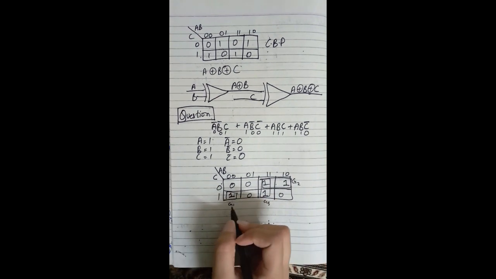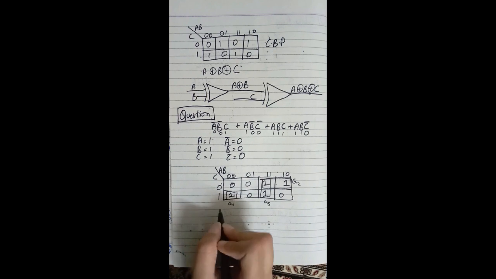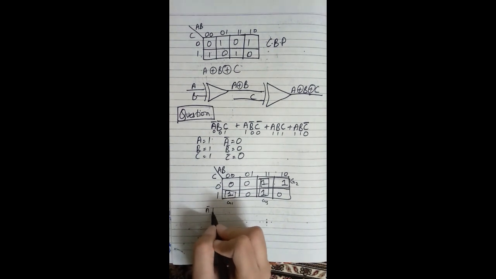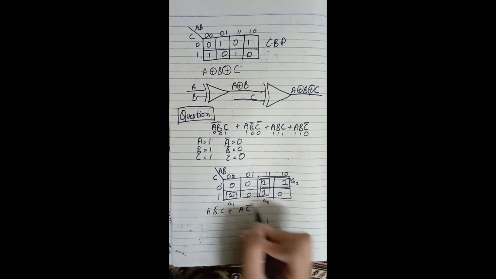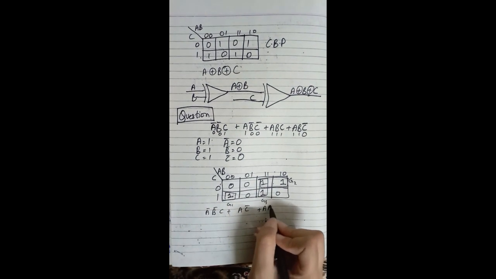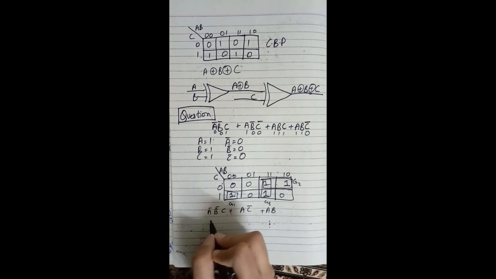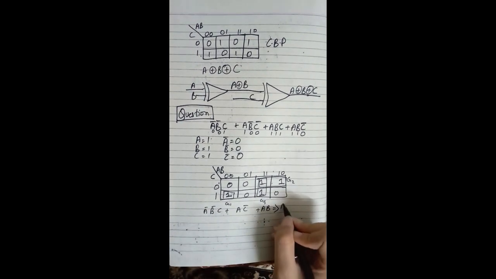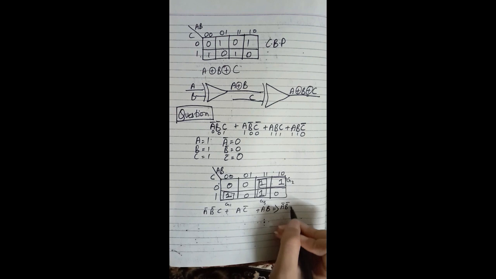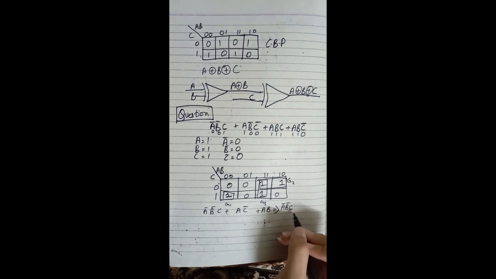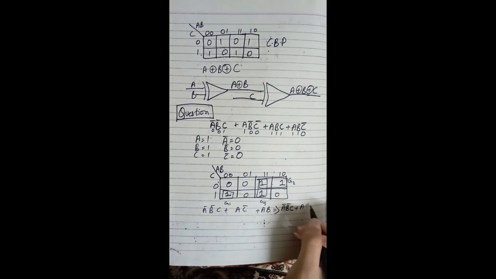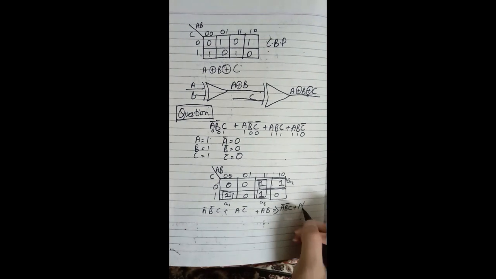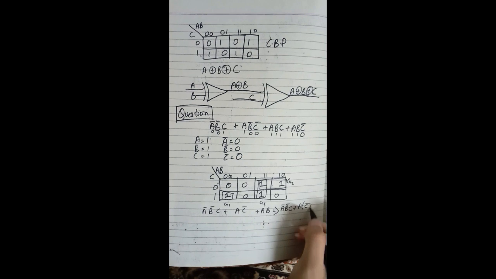Now we will write them as the group 1 values, which is A bar, B bar, C plus A, C bar plus A, B. A bar, B bar, C plus A, we will take the A common from these two values, and we have C bar plus B.